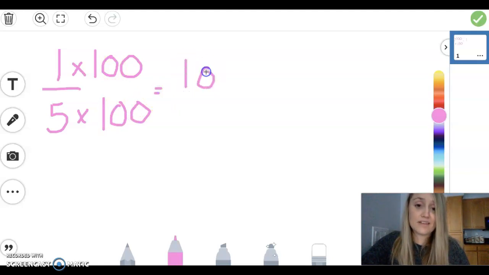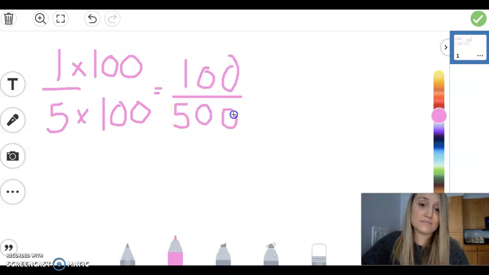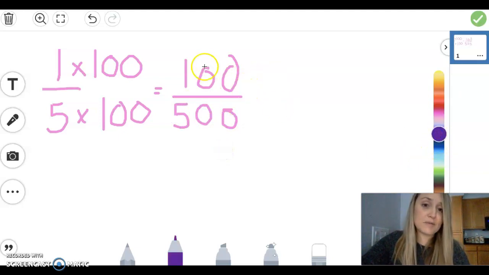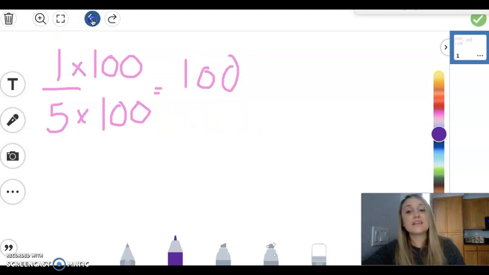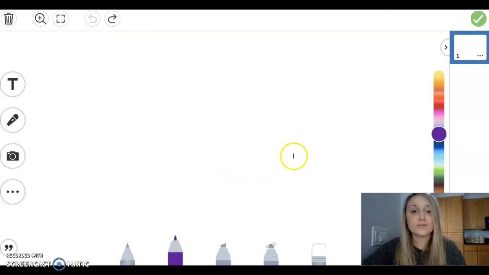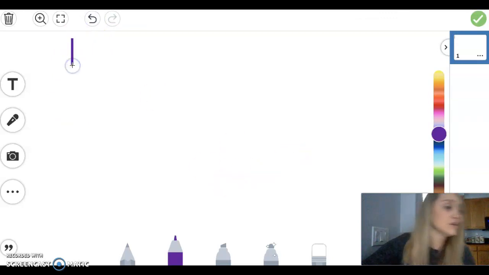So 1/5 is an equivalent fraction to 100/500. And a little trick too is, if you remember all of our zero tricks, if you cross these out, you would have 1/5 again, okay? So the big thing when finding an equivalent fraction is just doing whatever you would do on the top then on the bottom.